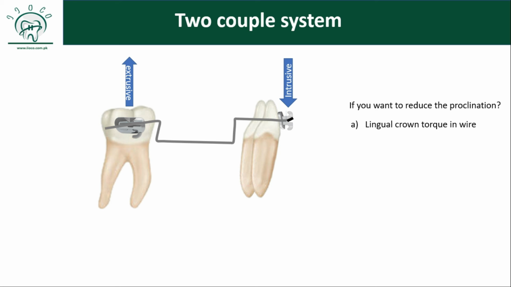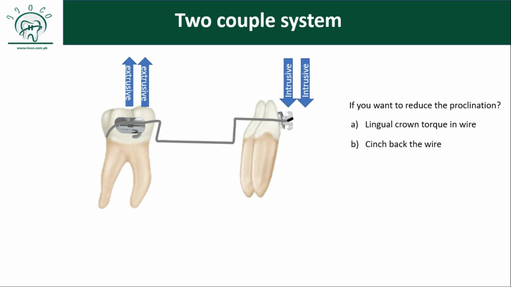Second option is by cinching back the molar segment of the utility arch. Both of these methods will reduce the tendency of proclination of incisors, and chances are there that there will be just intrusive force component which will be increased, and because of that the reactionary extrusive component on molar will also increase.